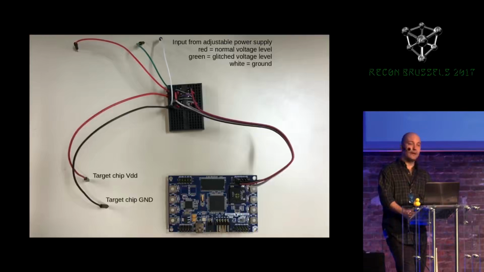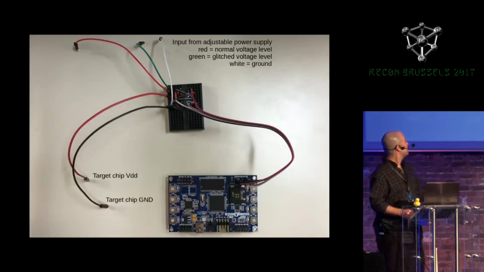The red wire is the normal voltage level, and the green wire is the second voltage level that we'll use for the glitch. Then we have the VDD and ground output towards the target chip. Other than this, we'll also have the serial port, the UART, connected between the LPC chip and the development board. But as far as the glitching circuit goes, this is the entire system right here.